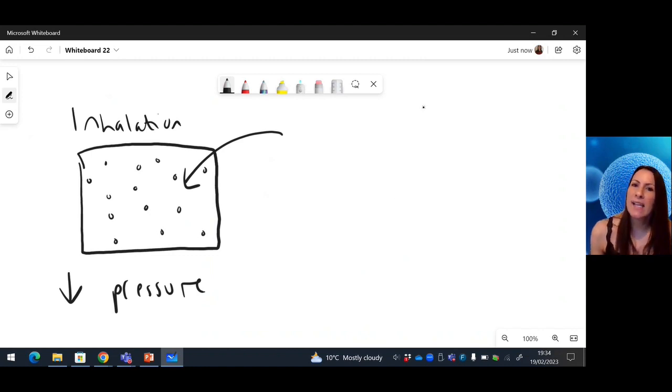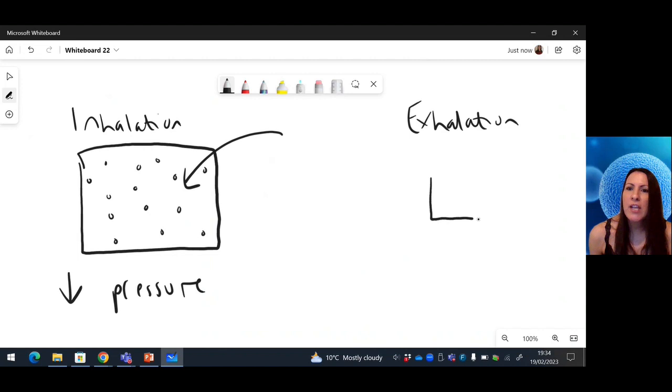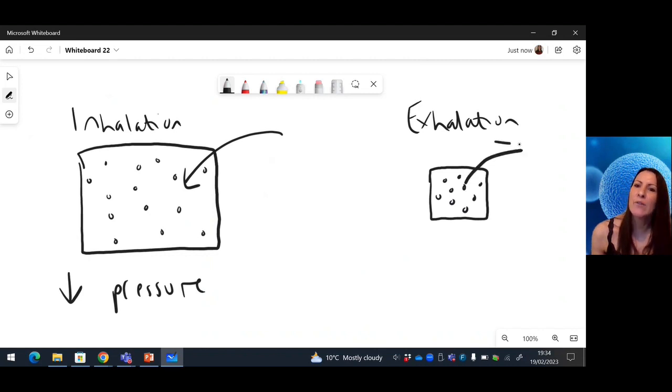Whereas when we exhale, we are increasing the pressure. So we're making the chest cavity smaller, we're decreasing the space, and so air naturally wants to move from high pressure to low pressure. So it wants to move back outside into the atmosphere.